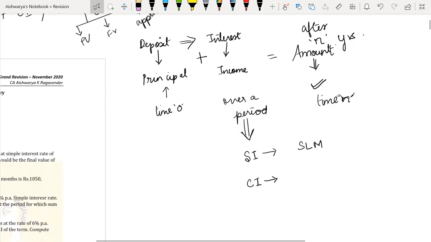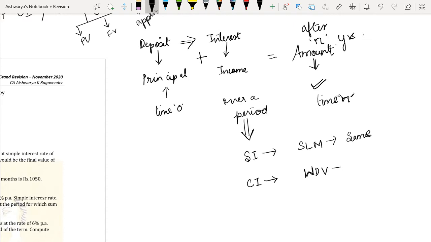This compound interest is similar to the WDV, written down value method of depreciation. What is this method and what is this method? In the straight line method, every year the amount of depreciation is the same, irrespective of the year in which you are going to calculate it. So every year you're going to have the same amount of depreciation.